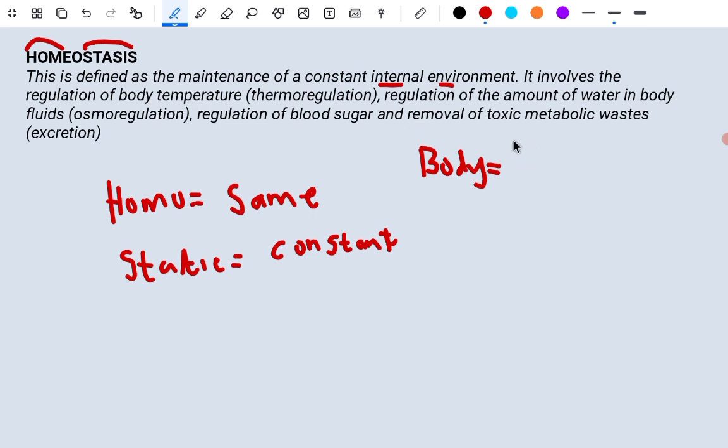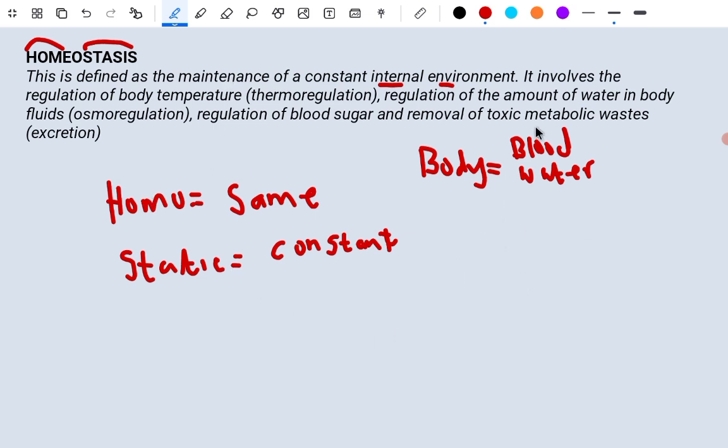The internal environment includes the blood inside the blood vessels, and also the human body is made up of water, and many other things. All these make up what we call the internal environment.